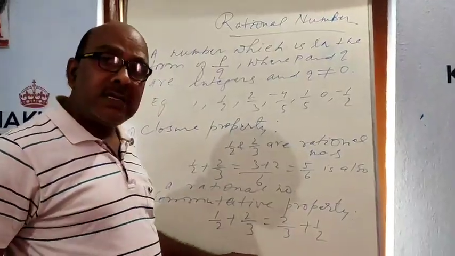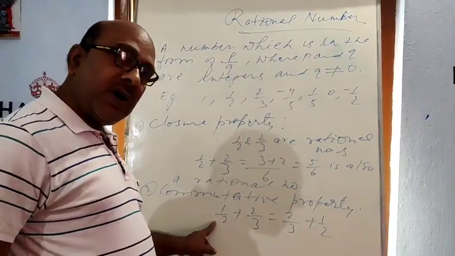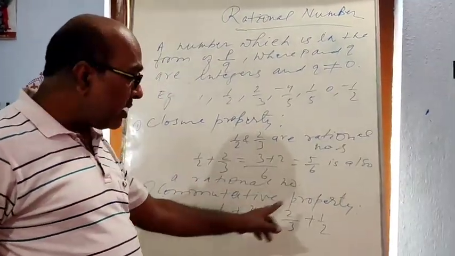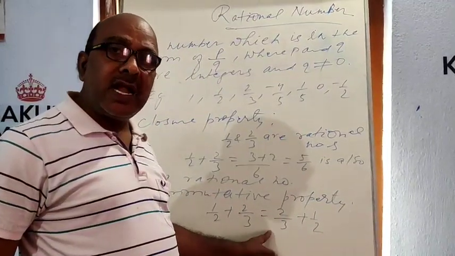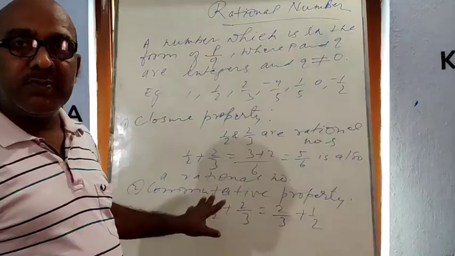But there is some difference. In left hand side, 1 by 2 is first and 2 by 3 is second. And in right hand side, 2 by 3 is first and 1 by 2 is second. Therefore, rational numbers also follow commutative property.